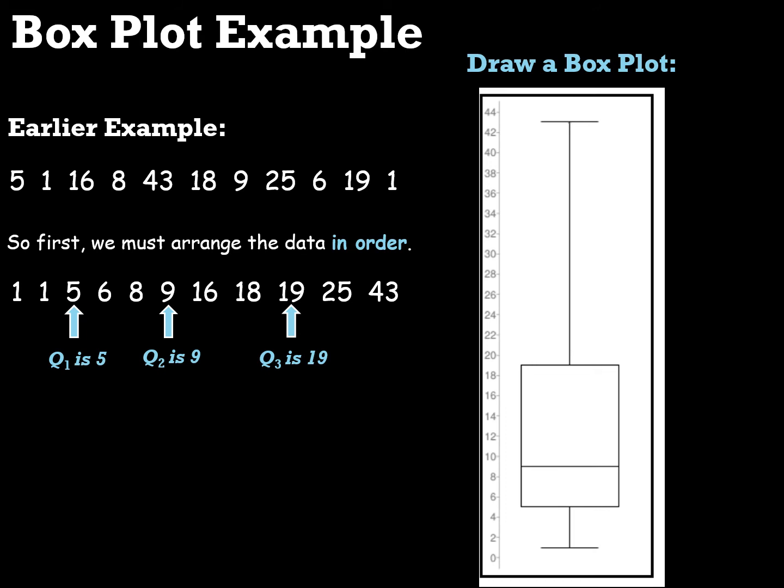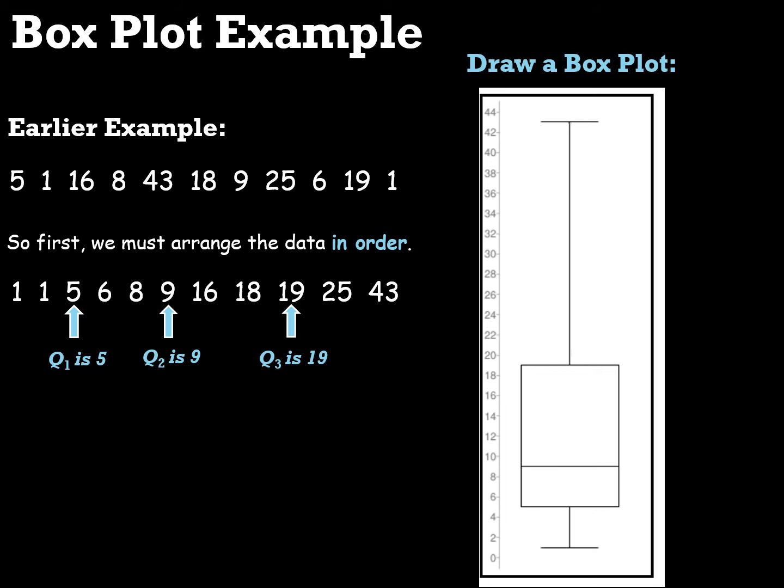Now, before you draw that box, all you need to do is put a line at Q1, Q2, and Q3. Q1 is 5, so where you see 5, just put a line. It's going to be a little longer than your first line for the minimum.